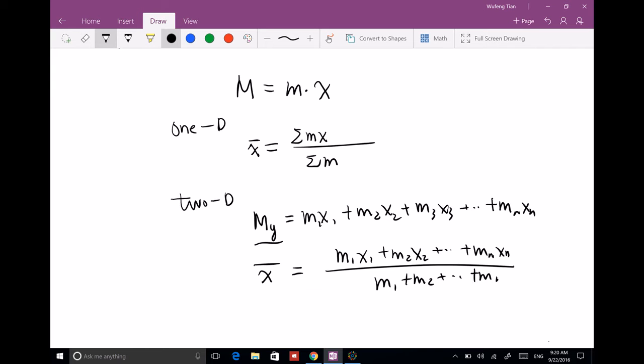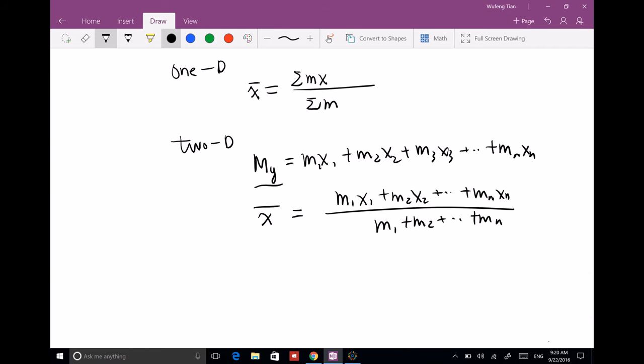Okay, and the other one is the same, but the moment with respect to x, you add all the y: m1 y1 plus mn yn. You see x and x are consistent, but this is just a name.